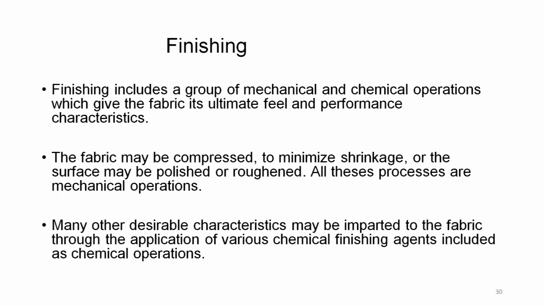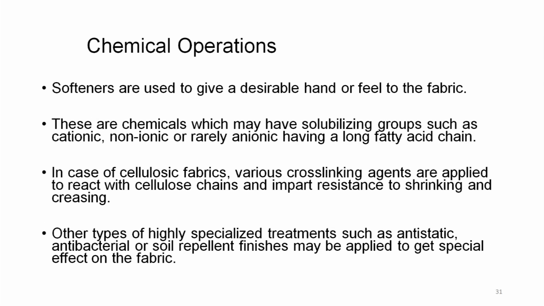Many other desirable characteristics may be imparted to the fabric through the application of various finishing agents, included as chemical operations. Chemical operations also include softeners, and they are used to give a desirable hand or feel to the fabric.